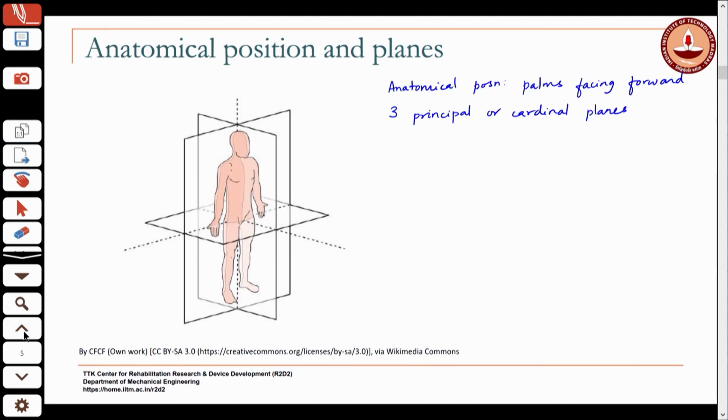So, if you imagine a plane that cuts the body into left and right halves, that plane is called the sagittal plane. So, the sagittal plane bisects the body into left and right parts.